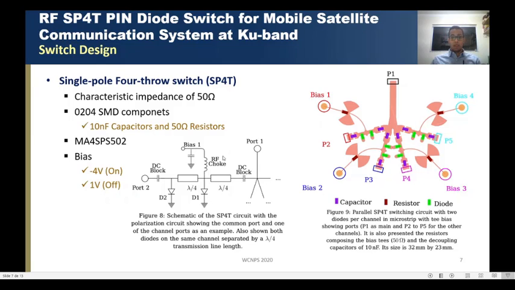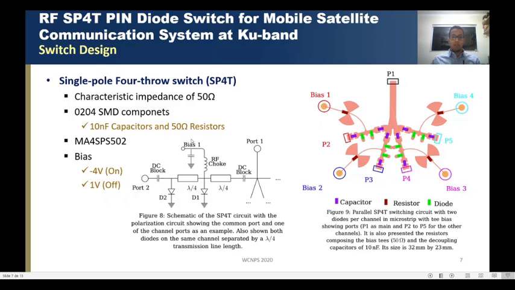And here we have a scheme; each branch is basically the same. So the common port, the output port, both DC blocks, preventing the DC power from reaching the RF ports.